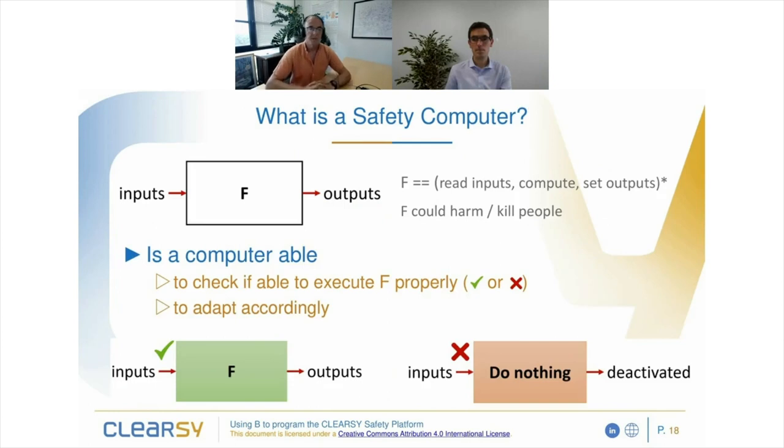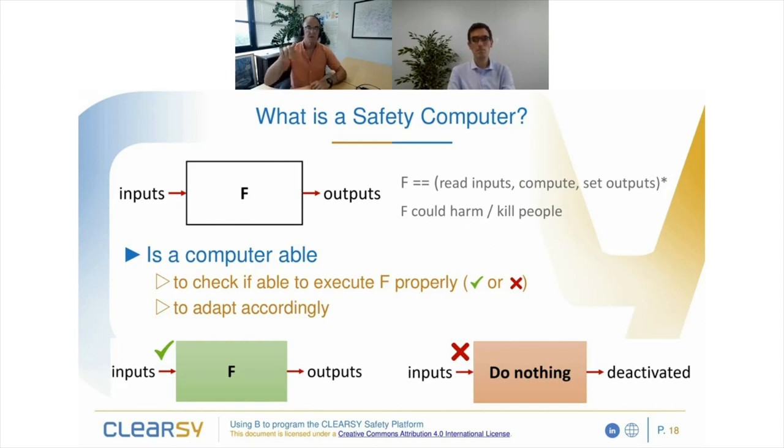So for this, we need a safety computer. So what is a safety computer? A safety computer is a computer taking inputs, performing a transfer function F, modifying outputs, and iterating. And F is special; it could harm and kill people. And a safety computer is a computer able to check whether it is able to execute the function F properly.